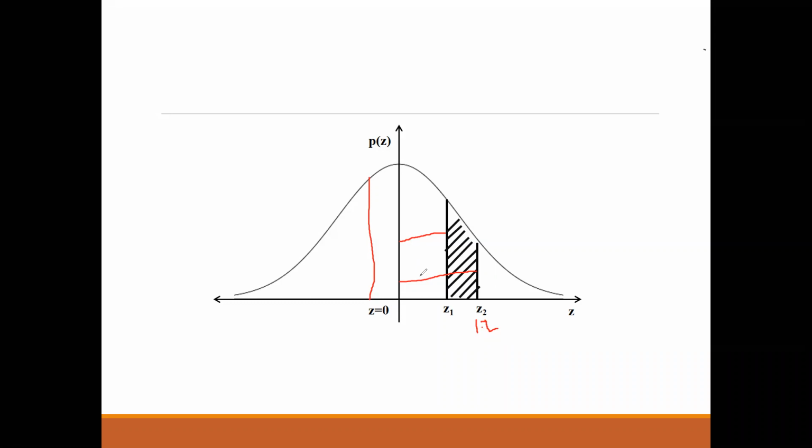I had already shared the formula with you: z is x minus the mean divided by the standard deviation. That is the formula through which I can find the value of z. Whenever you solve this problem, draw the graph, because it gives you a clear idea. Immediately you'll know whether you need to perform addition or subtraction, and between which values you need to find the probability.